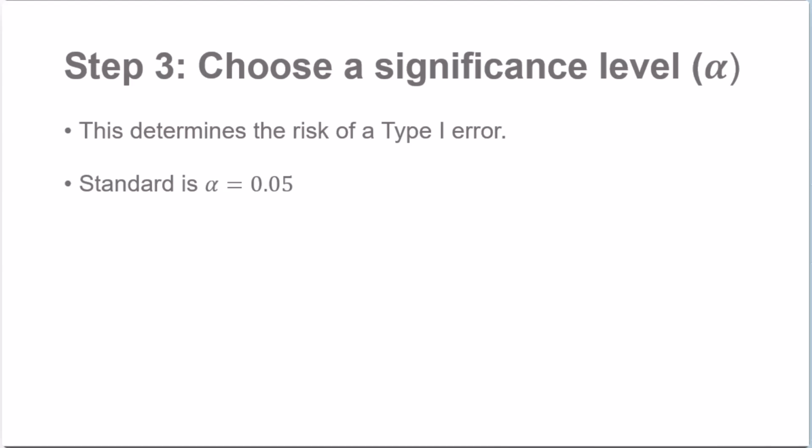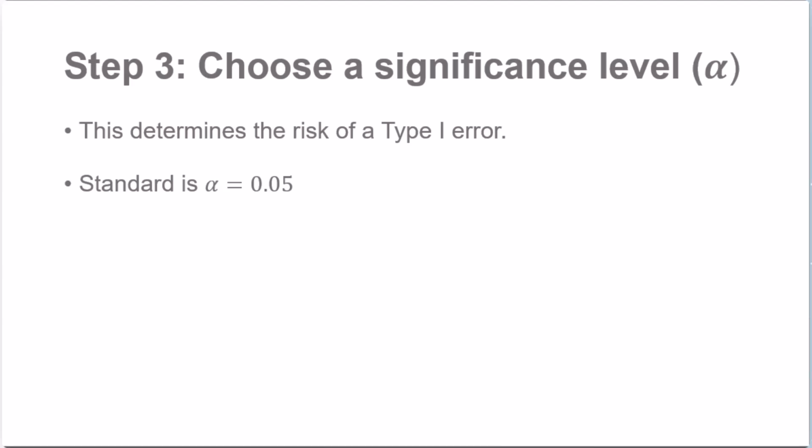The smaller you make your alpha, the smaller the risk of a type 1 error, but the larger the risk of a type 2 error. So we don't want to make it too small if we're concerned about getting a type 2 error. But the standard, again, 0.05, we sometimes will see 0.01 or 0.1.